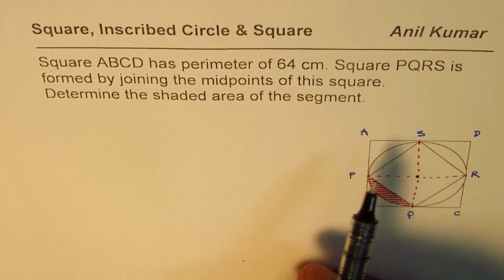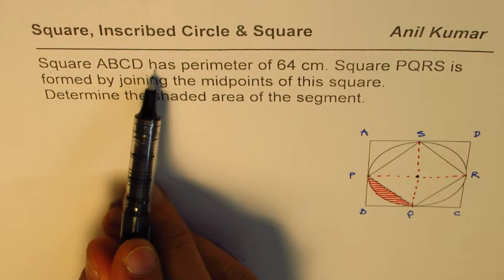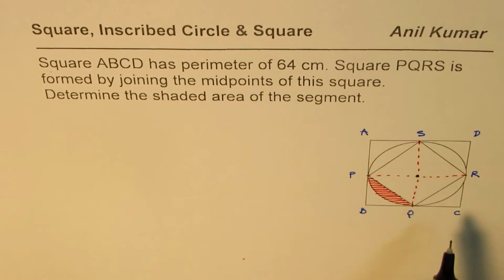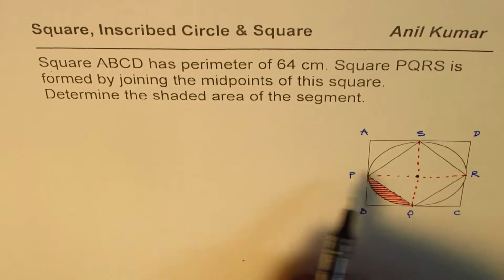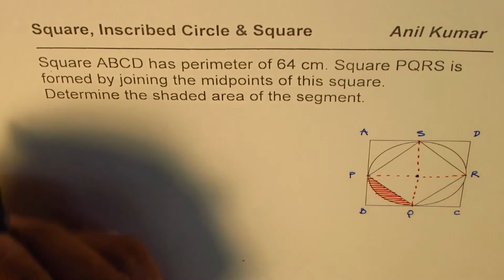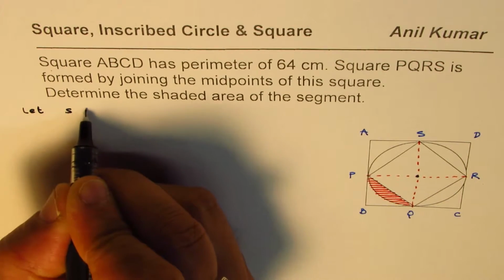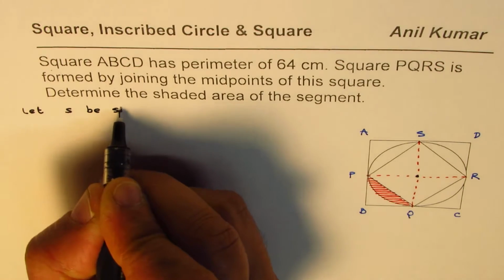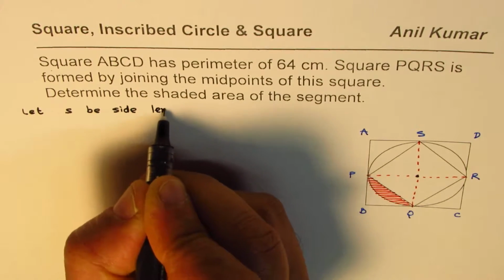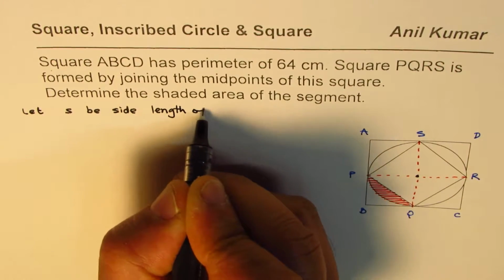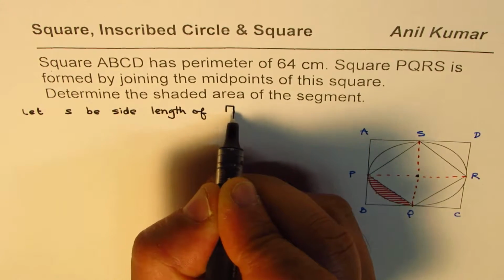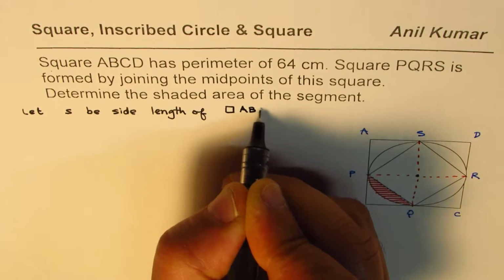So what are we given? We are given a square ABCD that has a perimeter of 64 centimeters. Perimeter is the sum of four sides. So let S be the side length of square ABCD.